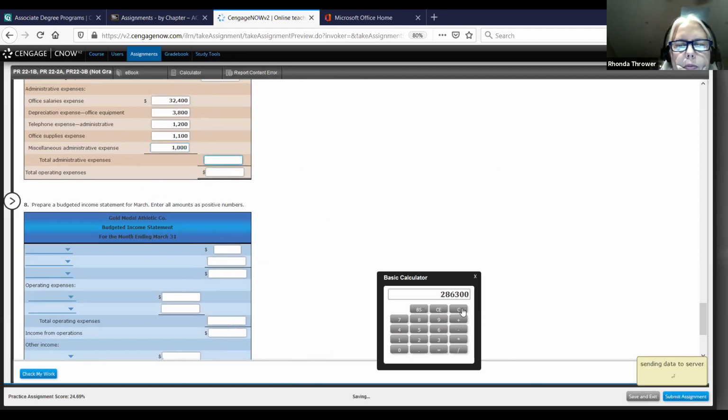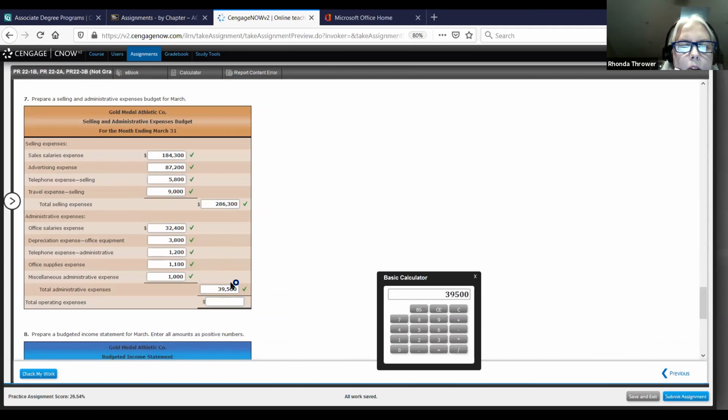And you're going to total up your administrative expenses. If you've added everything correctly, it should give you 39,500. Might want to check your work.